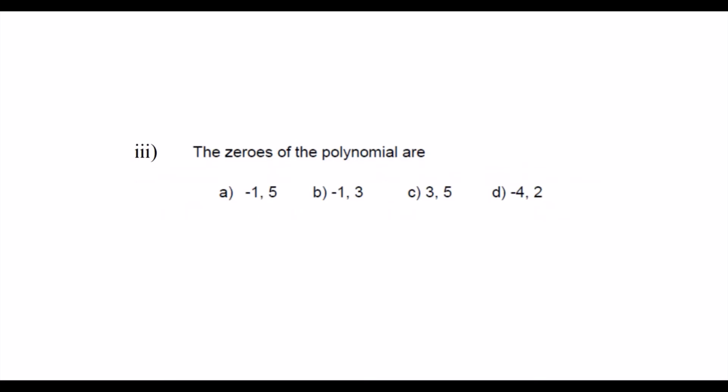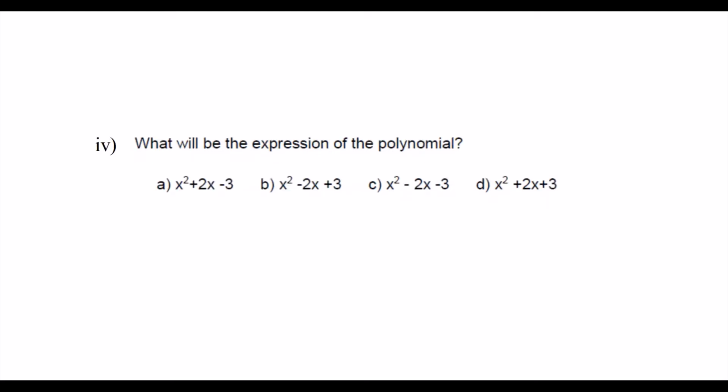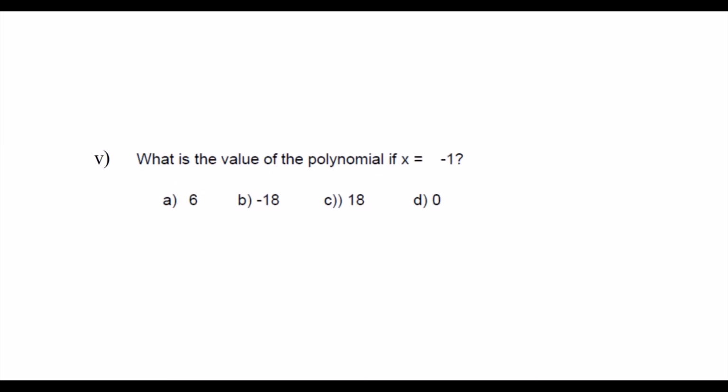You find it out. The x coordinates of the intersecting points are the zeros of the polynomial. Then what will be the expression of the polynomial? You find the sum of the zeros, the product of the zeros, and write the expression.